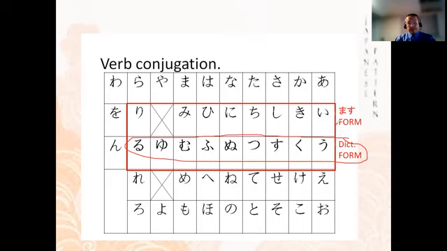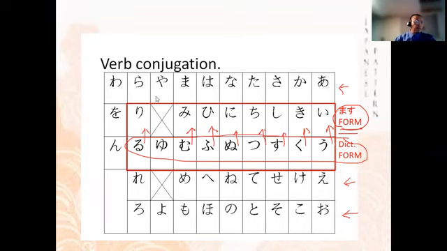So the masu form is right here in the second row. Every single one of them has a purpose, but our focus right now is the masu form. So all you have to do is u to e, whatever you see. Cool. Good. That's the rule, two rules.